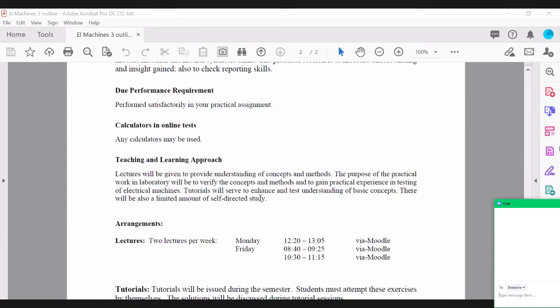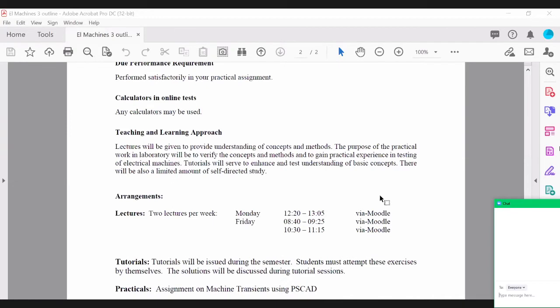So once you've done your lectures and practical assignment, your tutorials will help with enhancing and testing your understanding of the different basic concepts, right?